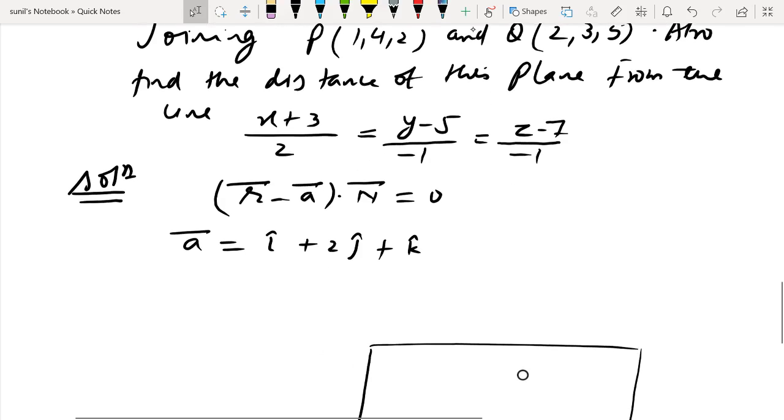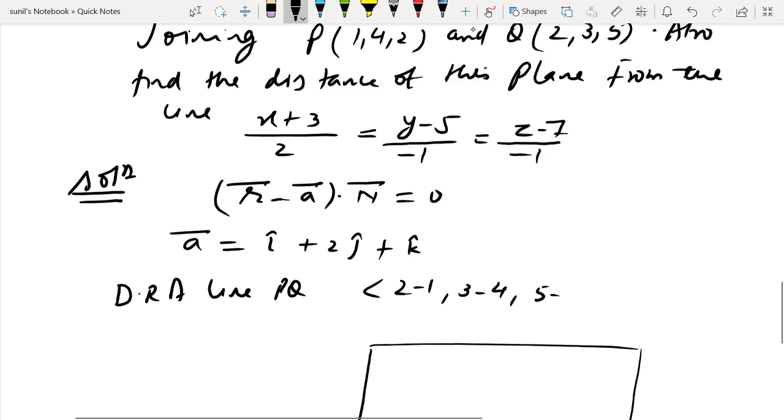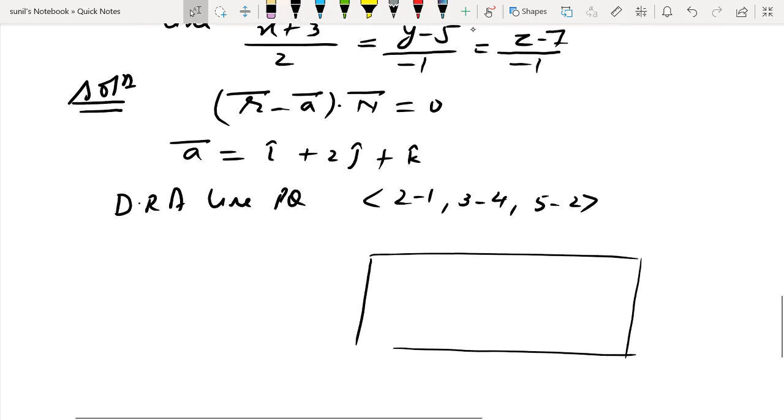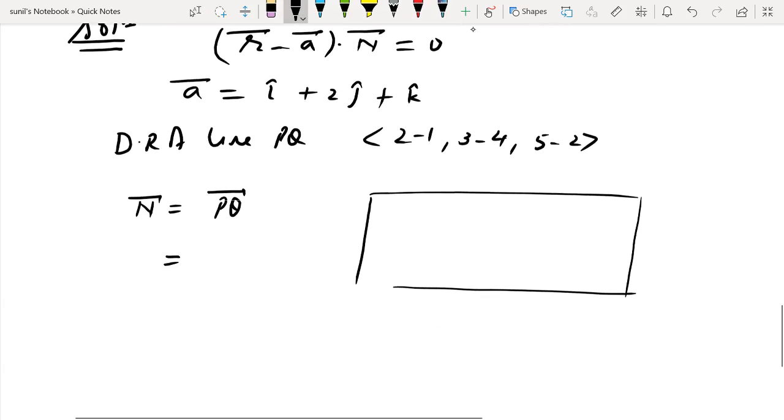So our normal vector, now let us find the direction ratio of line PQ, will be simply 2 minus 1, 3 minus 4 and 5 minus 2. Now here I can say that my normal vector is the same as my PQ vector, that is turning out to be i cap minus j cap plus 3k cap.